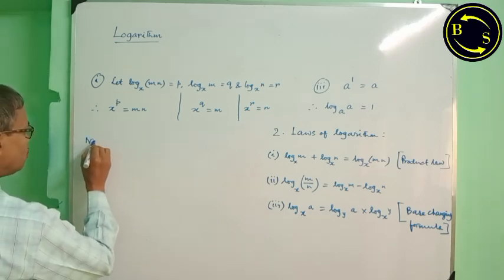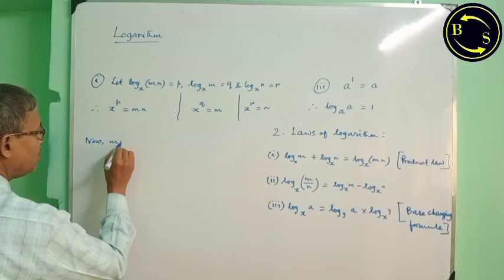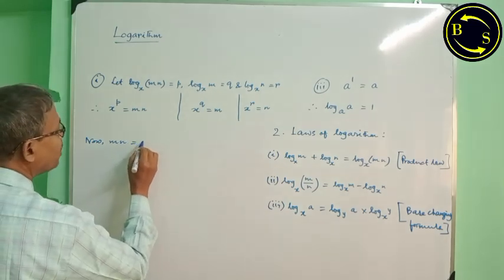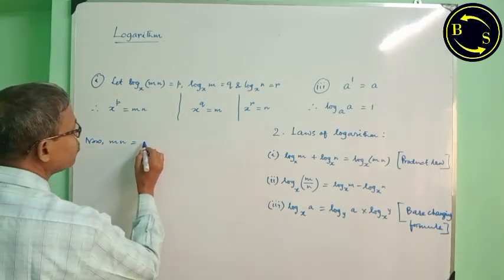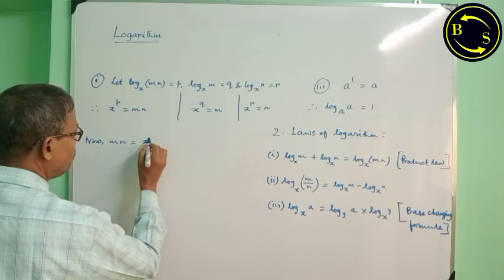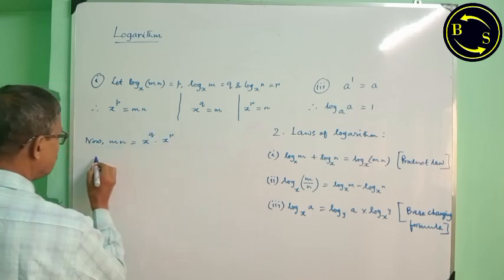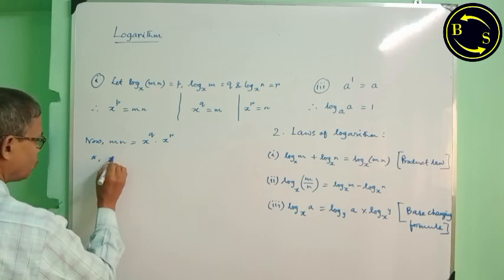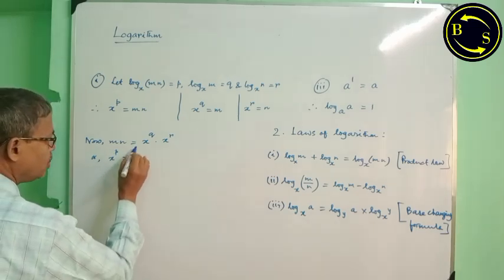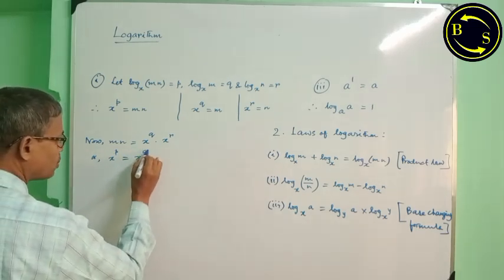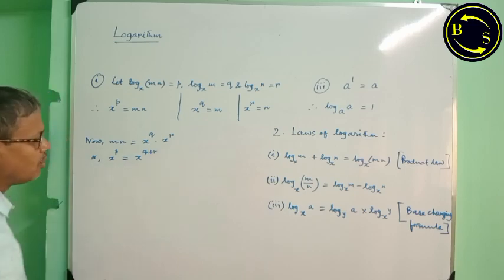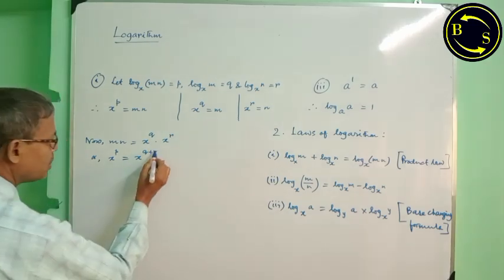Now mn is equal to x to the power q into x to the power r, or x to the power p is equal to x to the power q plus r as per laws of indices.